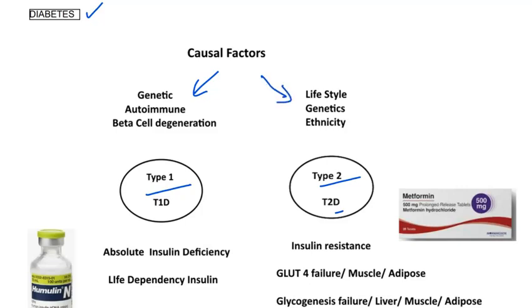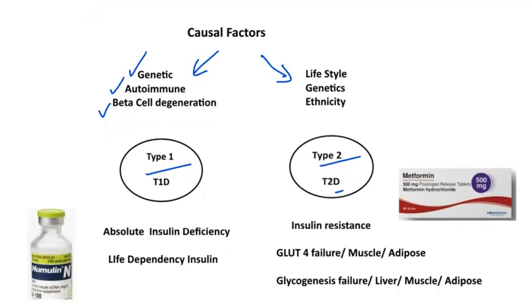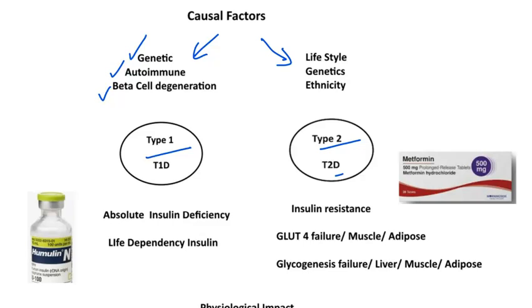The type 1 diabetes is a genetic condition. It's inherited and leads to an autoimmune disease in which the beta cells of the pancreas degenerate. And of course, with the loss in the beta cells, people with this autoimmune inherited condition will have absolute insulin deficiency.